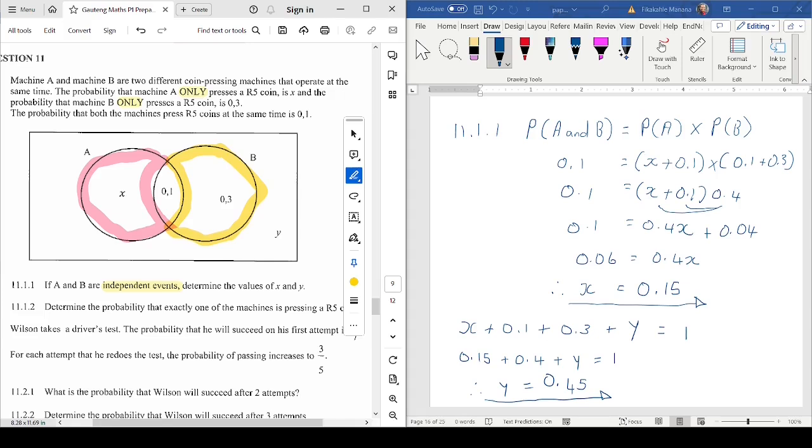Which means I'm going to exclude the intersection. That deals with this English word, exactly 1.